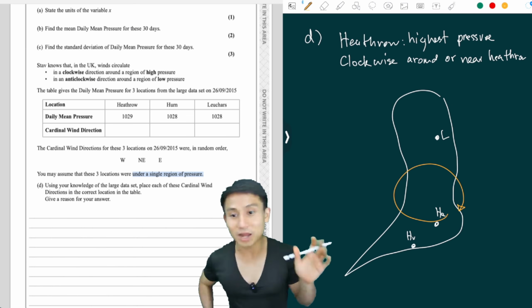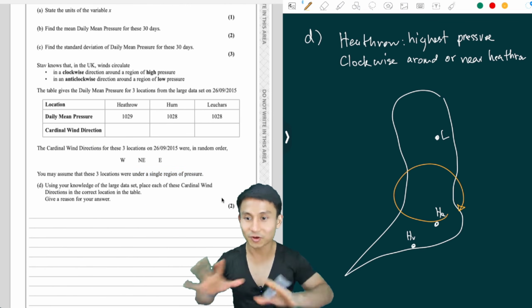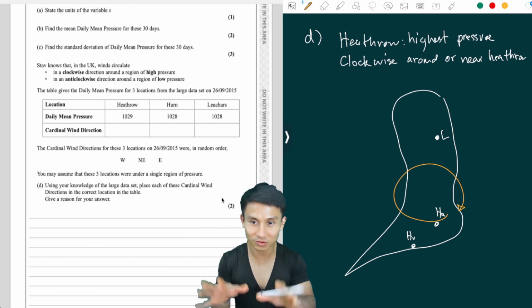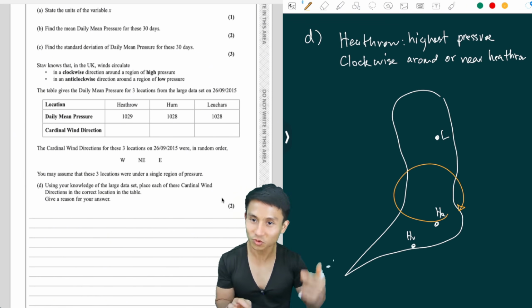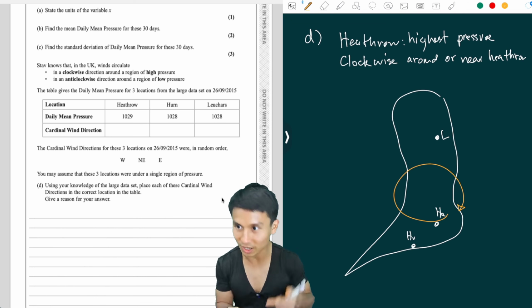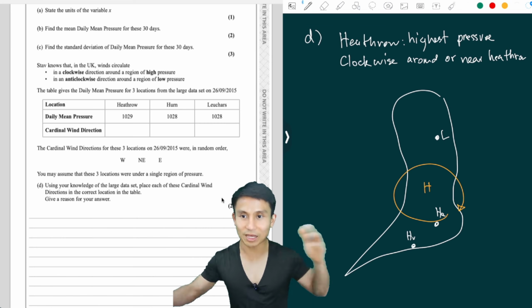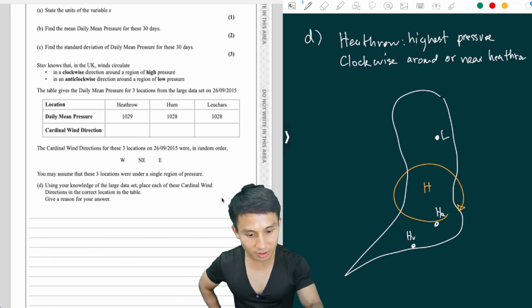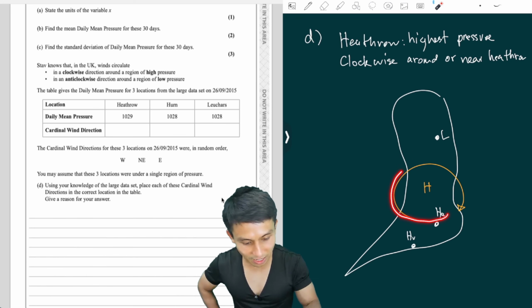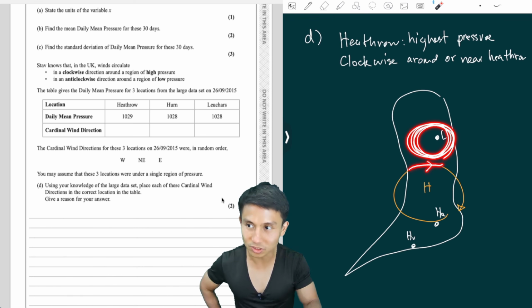This is actually not very accurate to do, but because we are told to do that, the effect on all the locations, these cities or regions, will be assumed to come from this single high pressure wind direction, which is what I drew there, the clockwise one. So if we look at Lucas, which is up to the north, the wind direction of the high pressure here will be going to the right relative to the area in Lucas.